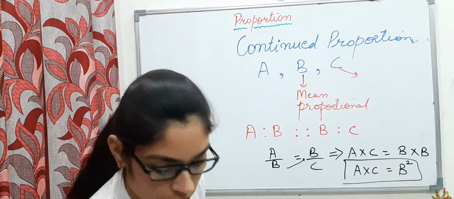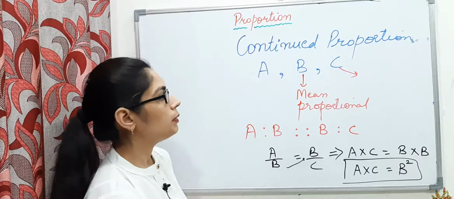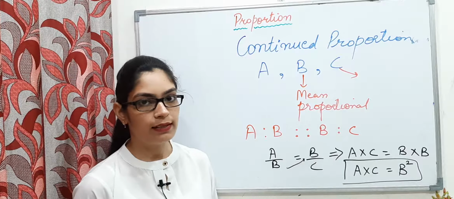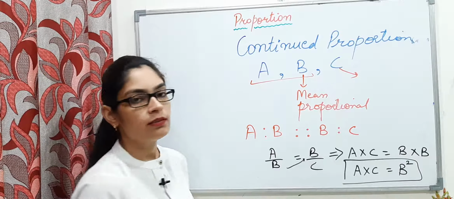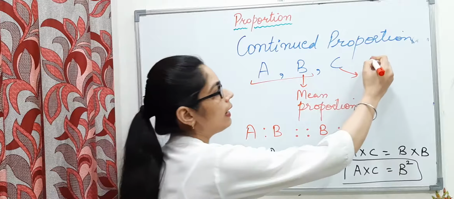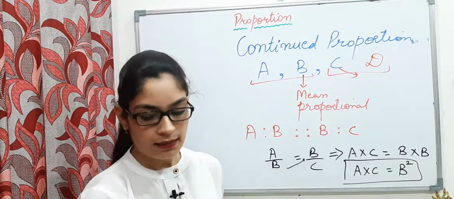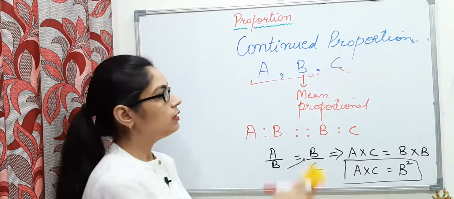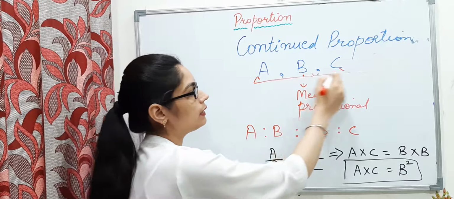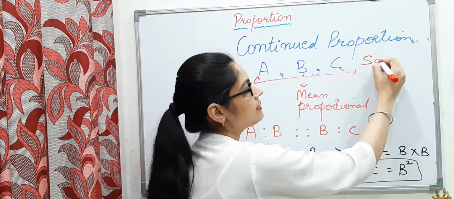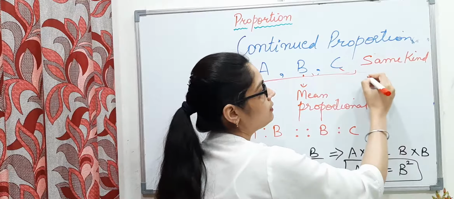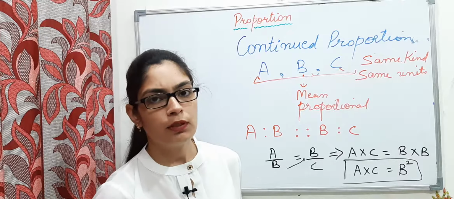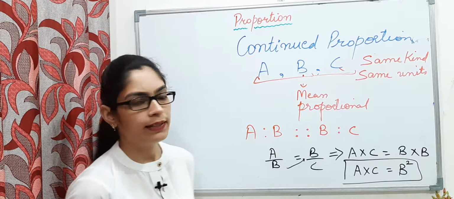So in continued proportion, again one thing you always have to remember: when we did simple proportion, in which 4 different quantities were there, I told you the first 2 quantities should be of the same kind and same unit, and the last 2 should be of the same kind and same unit. But when we are dealing with continued proportion, all the 3 quantities A, B and C should be of the same kind and same units. Units means like kg, kilogram, kilometer, meter, so all these are units.